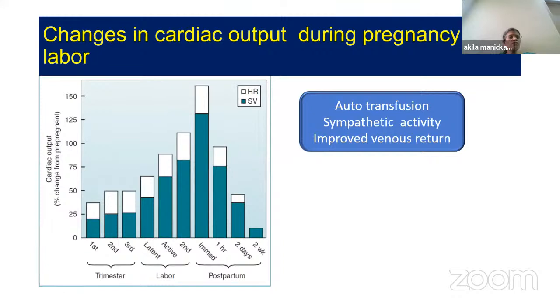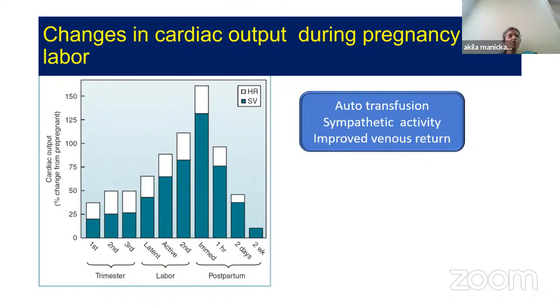This is because every time there is a uterine contraction, blood is expelled into the systemic circulation, which is often referred to as autotransfusion. And labor is a very intense physical exercise where you need a lot of sympathetic activity, which often leads to an increased amount of catecholamines, and they result in augmentation of your stroke volume and heart rate, which also increases the cardiac output.